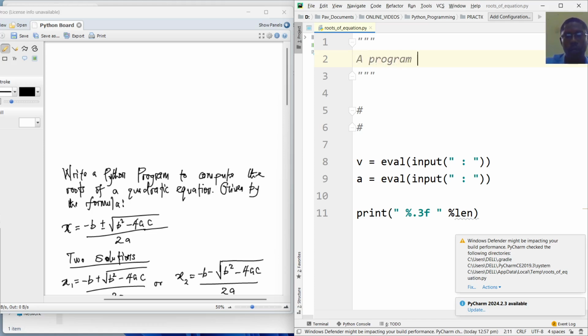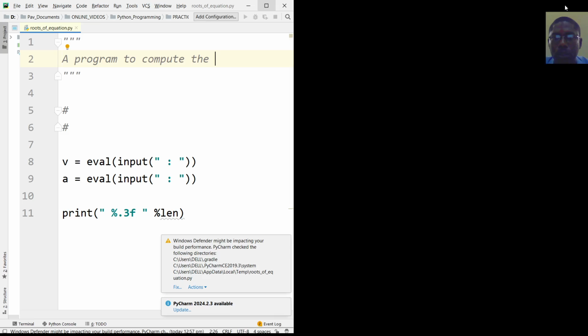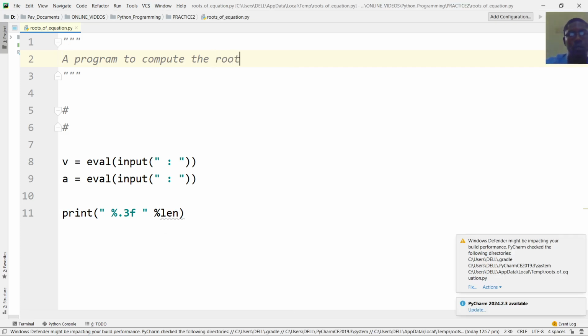All right, so a program to compute the roots of a quadratic equation.